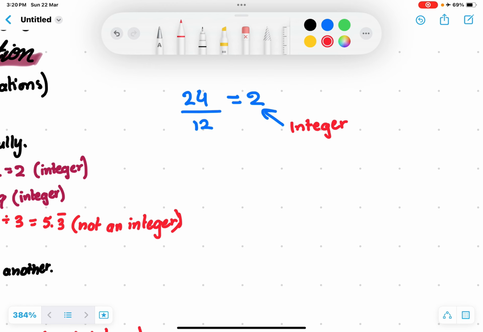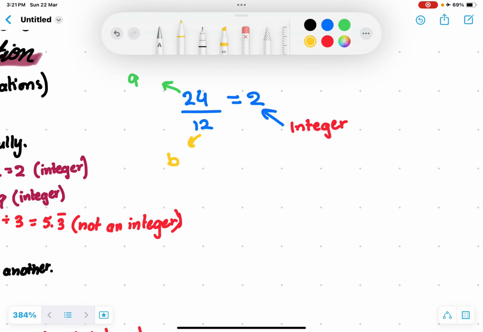And since when we divided 24, our main number, let's just call 24 our A and 12 our B, when we divided 24 or A by B, which is our 12, we got an integer value.